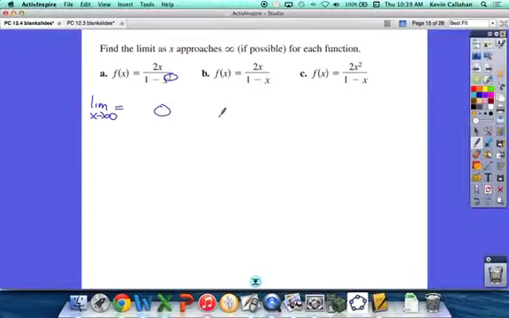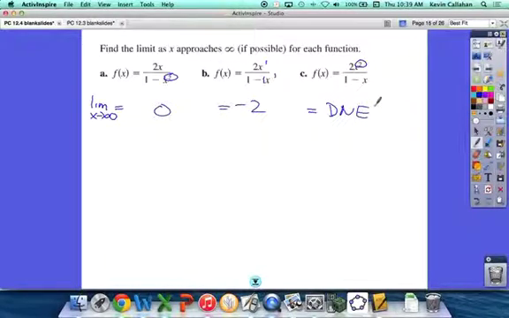What's the limit? Okay, highest power, they both have x to the first, so it should be the ratio of the coefficients. 2 over negative 1, negative 2. How about this one? Its highest power is the numerator, does not exist.